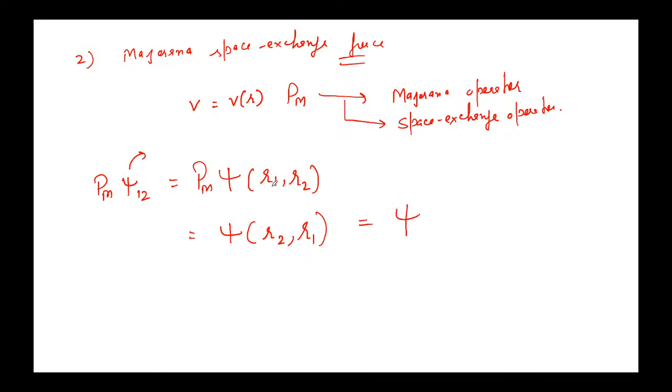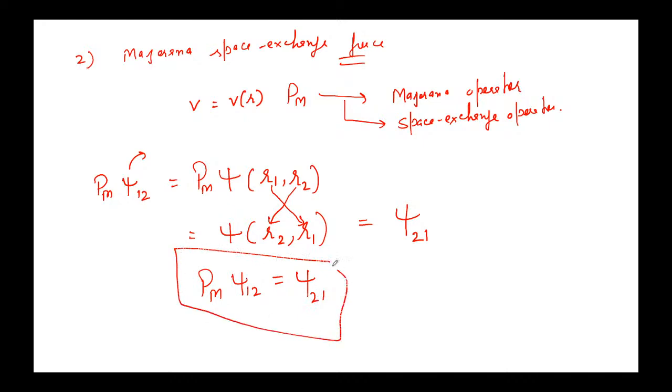You can see that this nucleon position has been changed to this, and this position has been changed to the first point. So we can write it as psi 2 1. This is how these two nucleons exchange their position when they are interacting with each other. So the operator PM has the effect of interchanging the space coordinates of two particles.